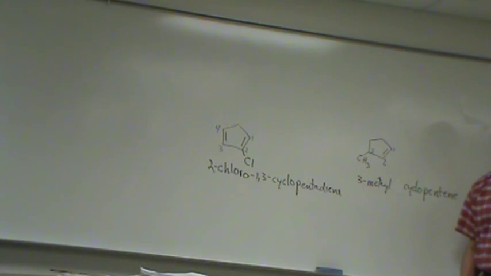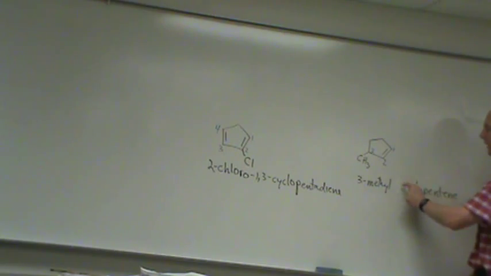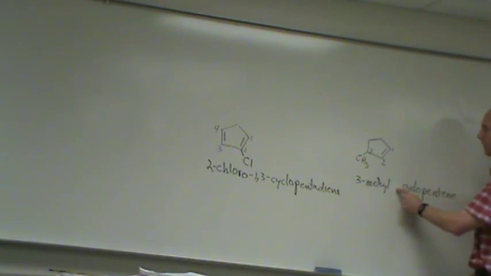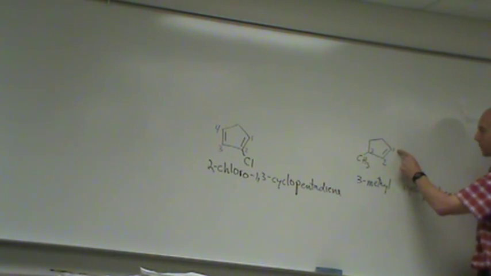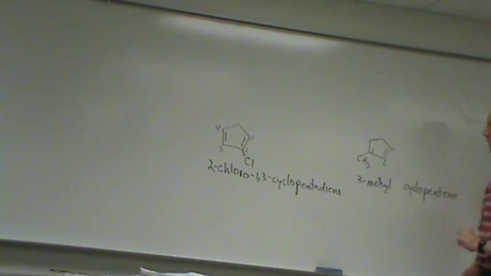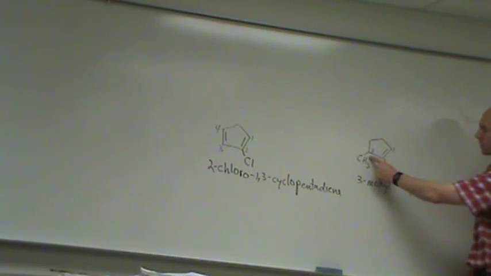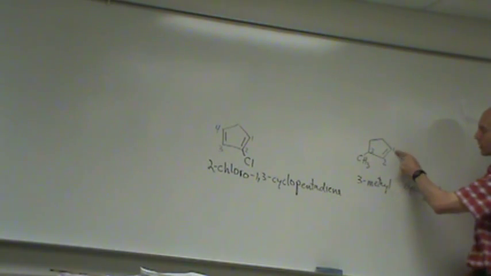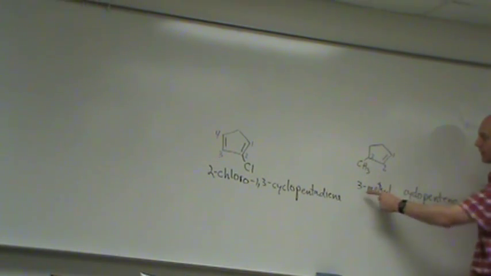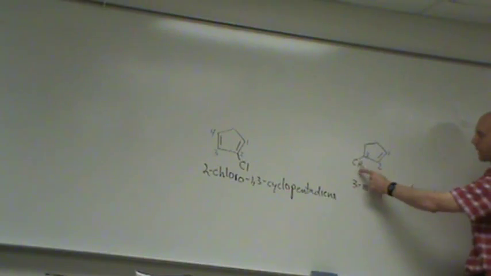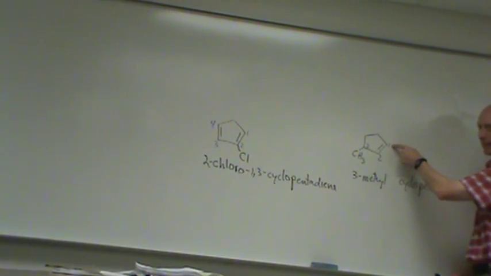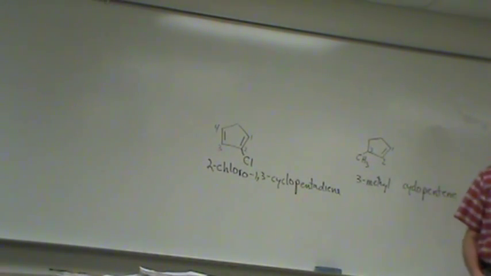But in a ring, if I just have 1 double bond, I don't need a number because it will always get the priority of number 1. So my other groups will be named in relation to that number 1. That 3 tells me I'm 3 away from the beginning of that double bond.